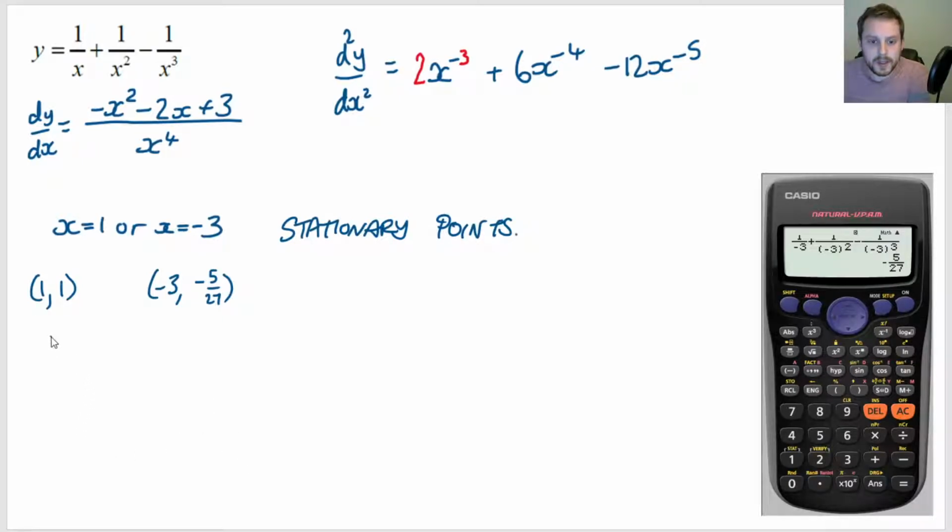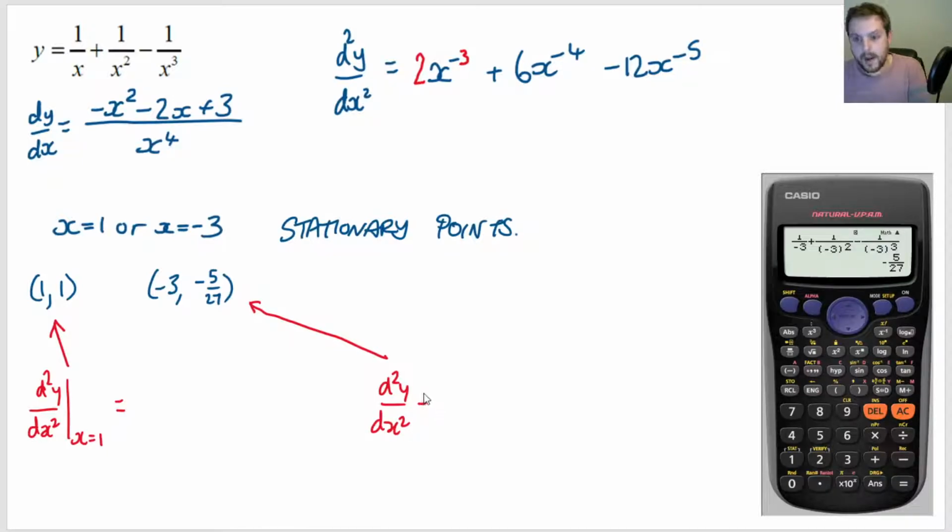So I'm going to use d2y by dx squared for this. So I'm going to do, well, what have I got? d2y by dx squared when x is 1 equals. I'll also have d2y by dx squared when x is -3.